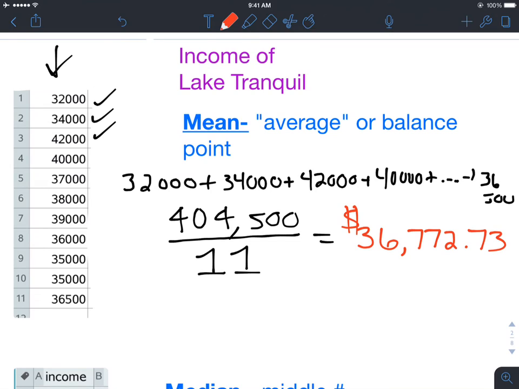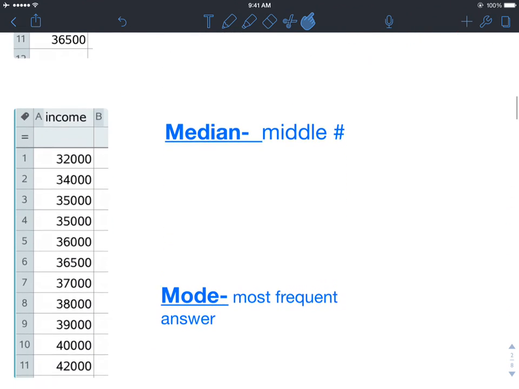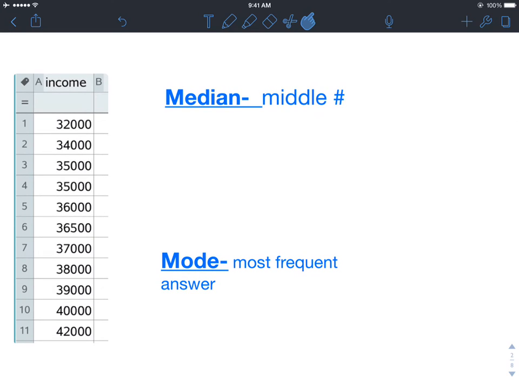To find the median, we're going to have to rearrange this data because the median is the middle number. So I conveniently rearrange, and I'm just going to look at the middle number, crossing out until I get there.